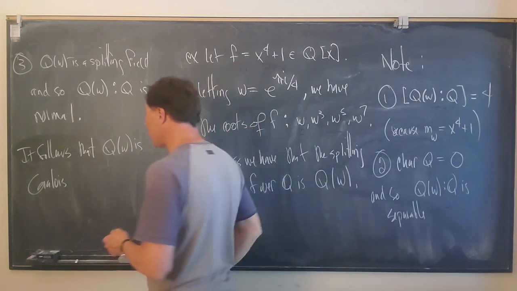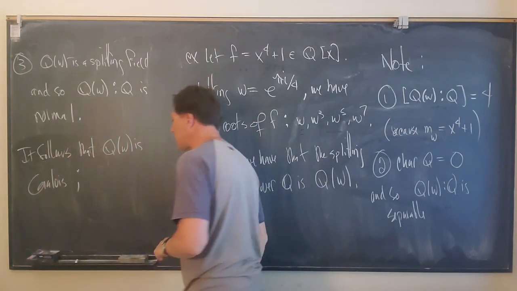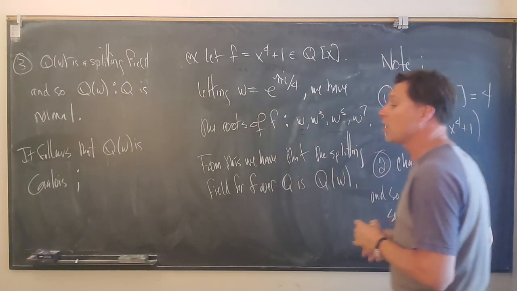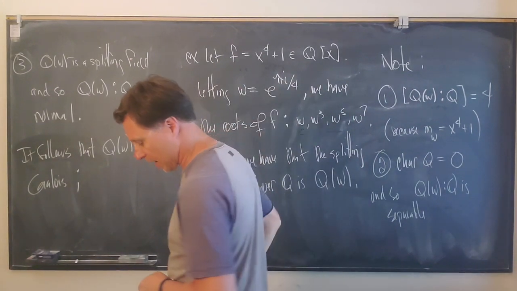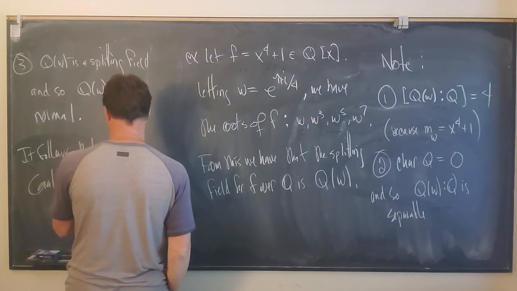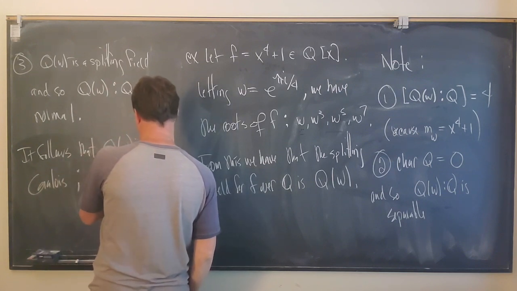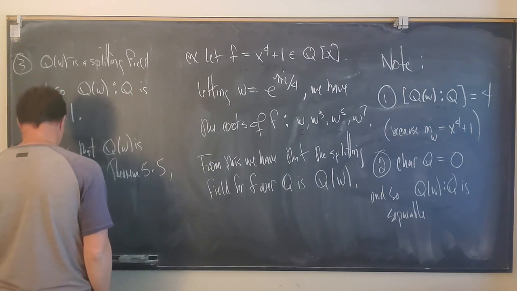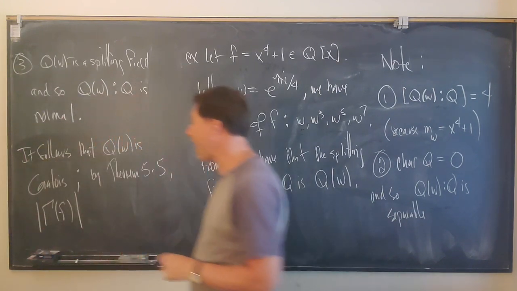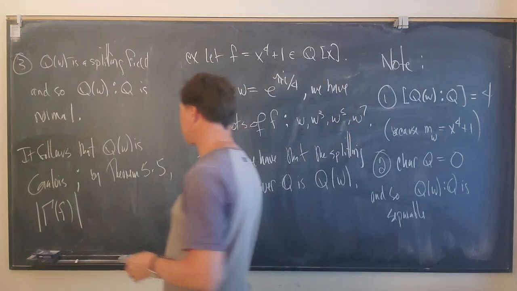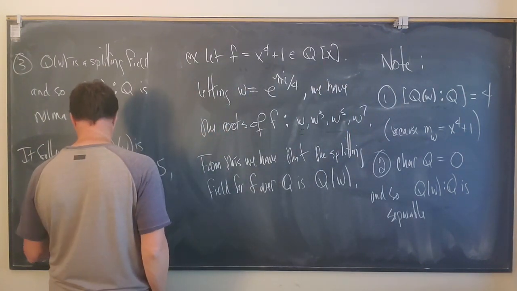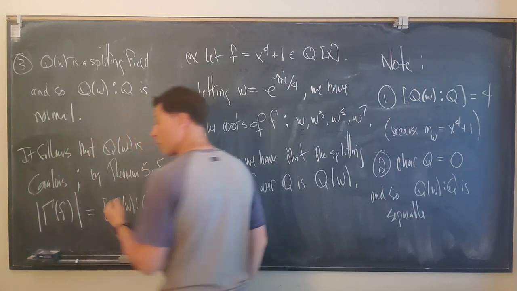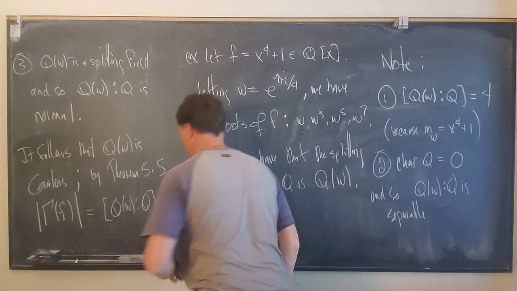And that's good, because Galois extensions in the finite case allow us to say exactly what the order of the group is. And so by theorem 5.5, the order of the Galois group of f is exactly equal to the degree of the extension Q(omega) over Q, which we know is equal to 4.